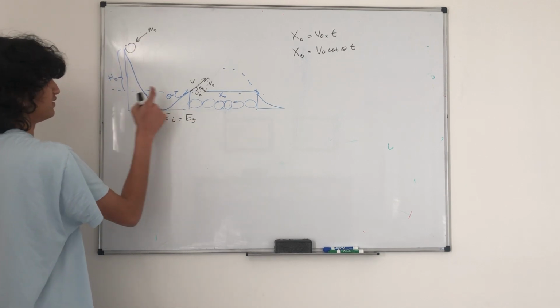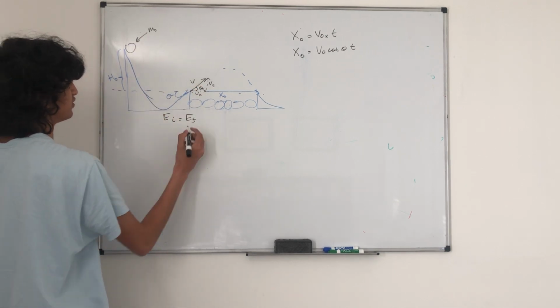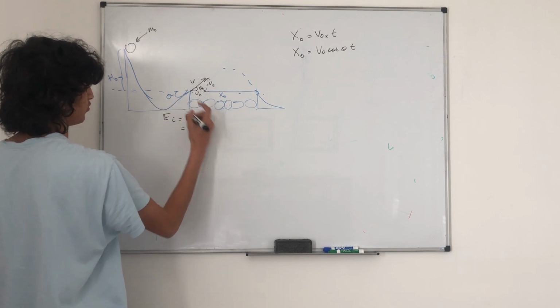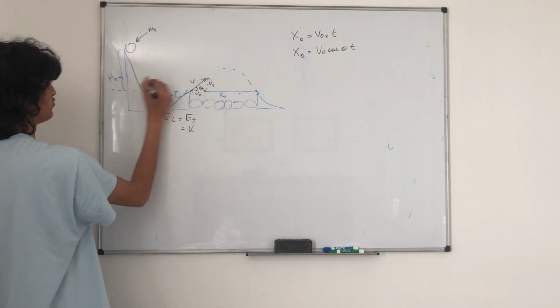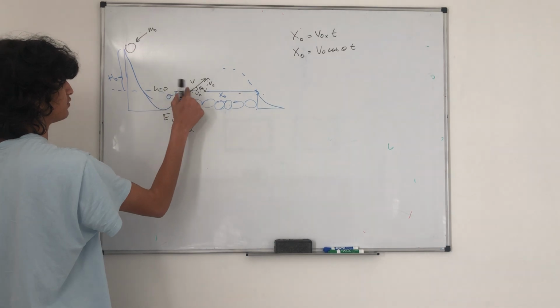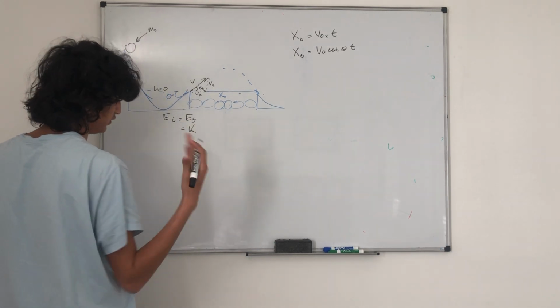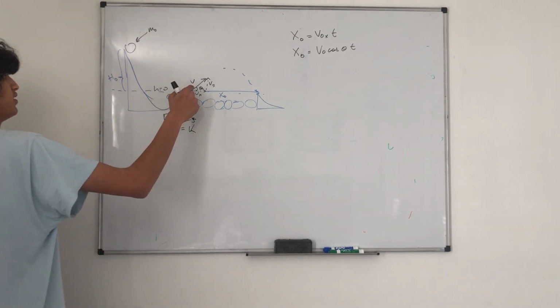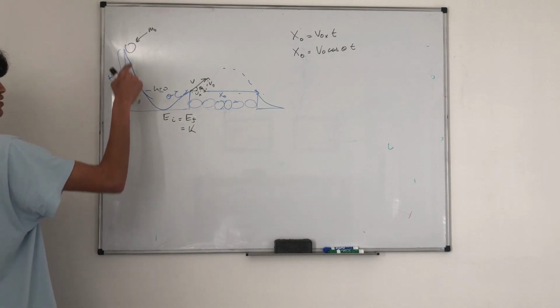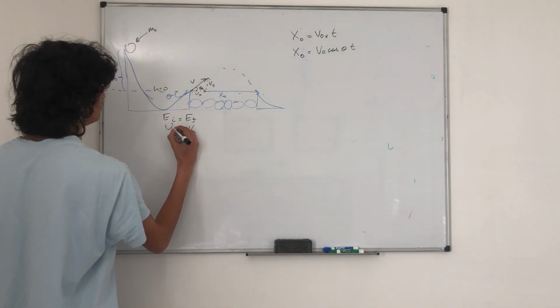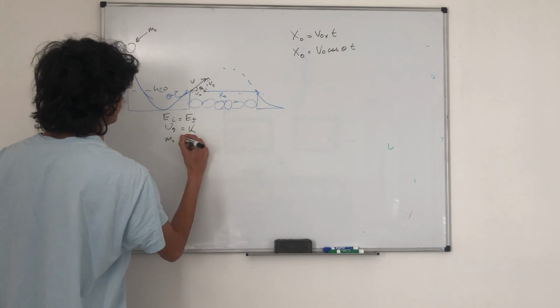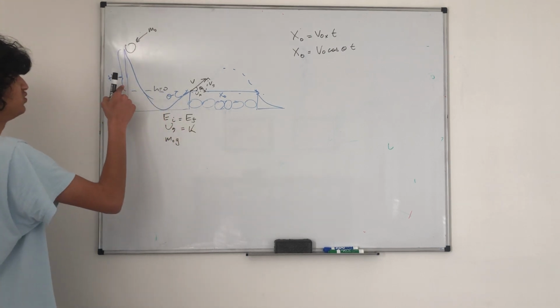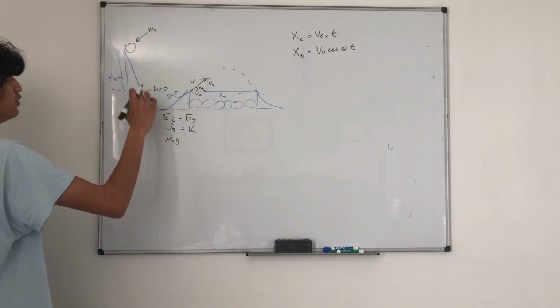We can set the height where h is equal to 0. At the end, there's only kinetic energy, because this is where h is equal to 0, so there's no UG. And we have to get the UG here, so UG is m g h naught, because this is the height above h equals 0.